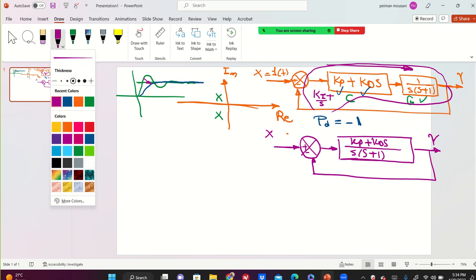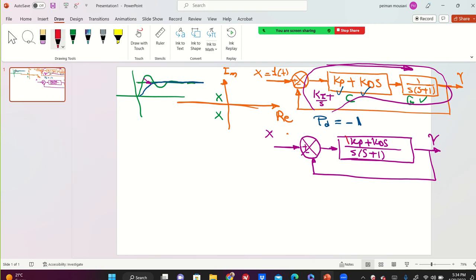The system, as your friend said, already has an integrator here, 1 over s. That's why when we design the controller, you have no steady state error. Steady state error is 0 here. Do you understand? Your system already has an integrator. This is a very important point.